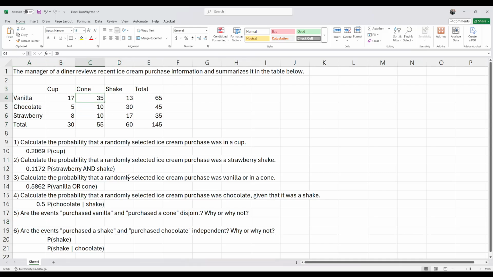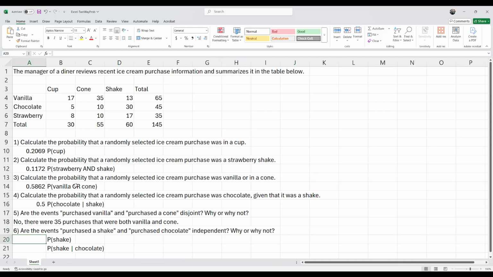And it looks like there were, those 35 that we talked about earlier. And so we would say no, since those events could occur at the same time. Or you could even provide the number. You could say, no, there were 35 purchases that were both vanilla and cone. Something like that would work.